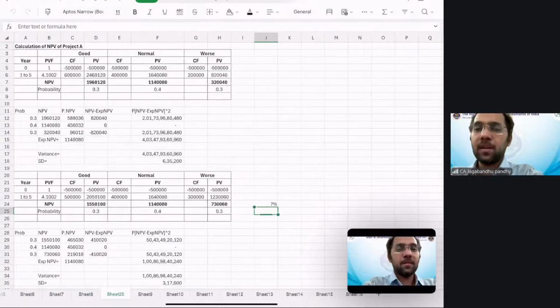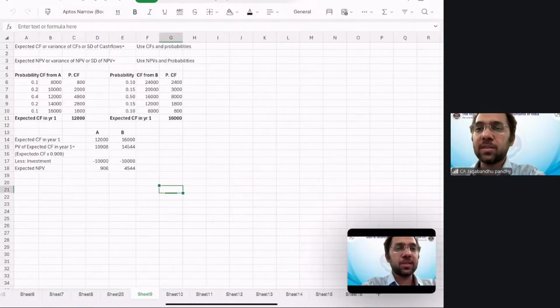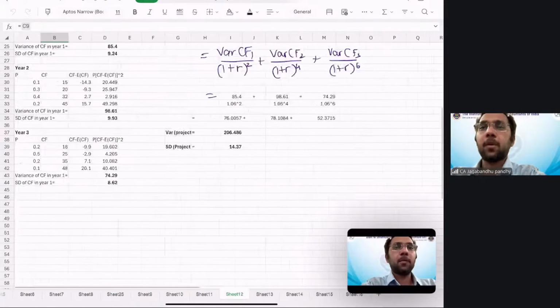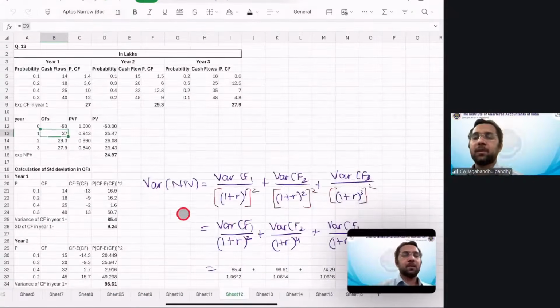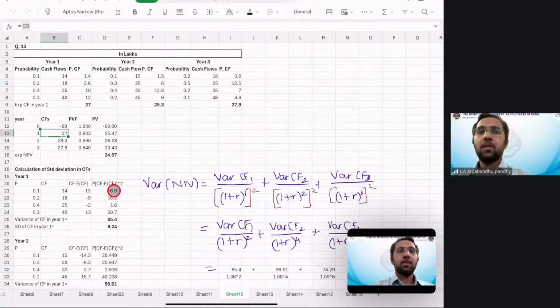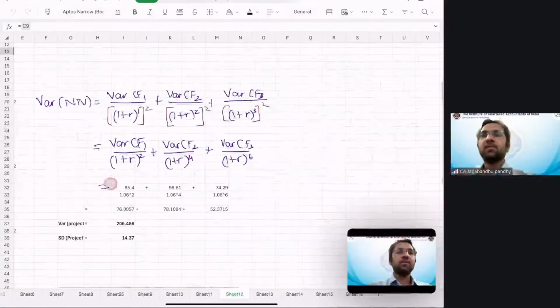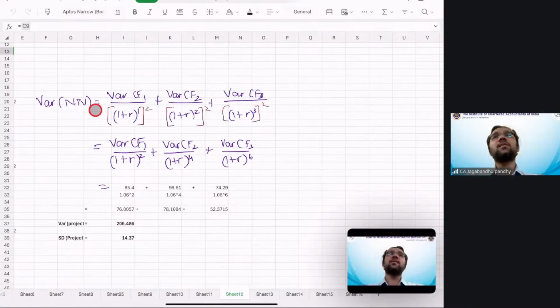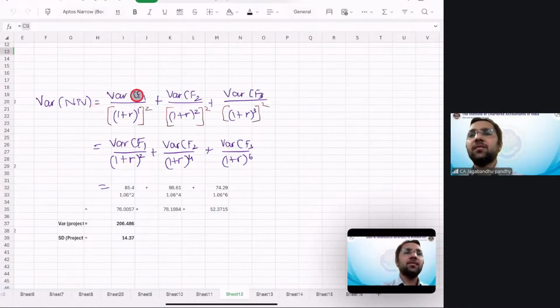Then we have seen a couple of questions on the same aspect, expected NPV. Okay. One important part is when you want to calculate the variance of NPV. Remember the variance of NPV means what is the variation that we have in the NPV? That's going to be simply variance of cash flow in year one upon 1 plus r, whole squared, because variance is a square term, right?